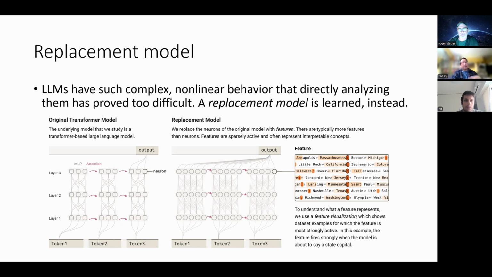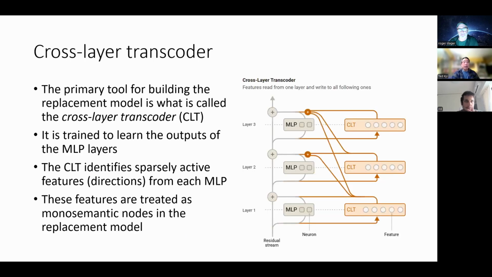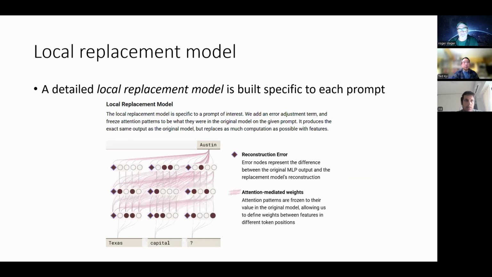All right. That replacement model, it turns out, is still too complex. Next slide. So how they do that, we're going to see, is instead of a sparse autoencoder, it's going to be this transcoder that they use. And then this replacement model, it turned out, was not accurate enough and still too complex.